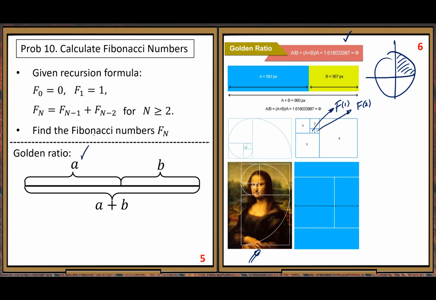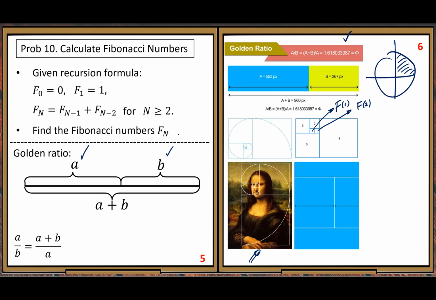The longer one is A, the shorter one is B. Then we put them together to form an A plus B line segment. Then we require this ratio condition: A over B equals A plus B over A.